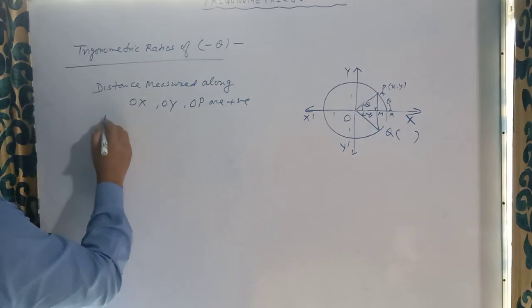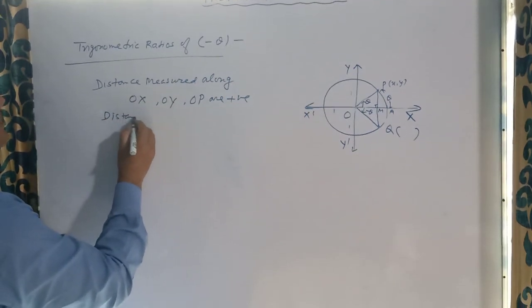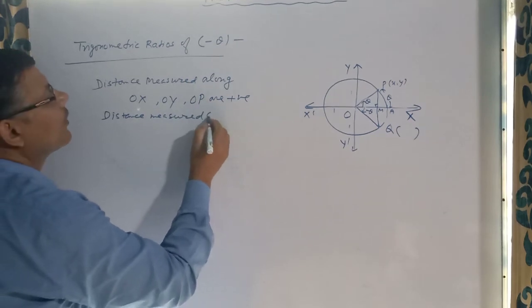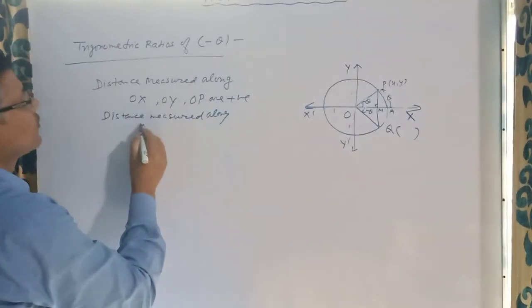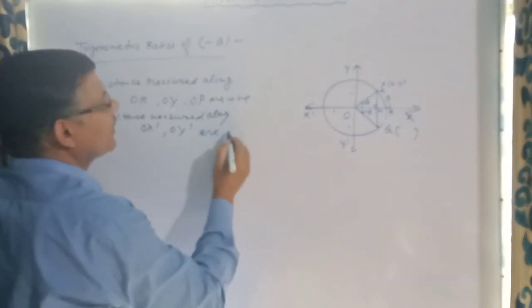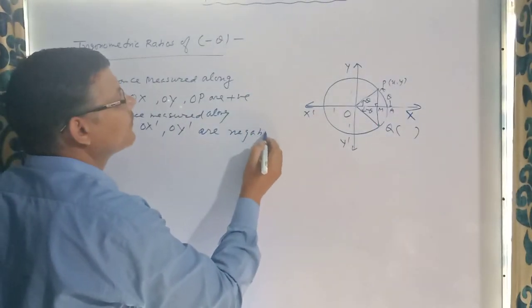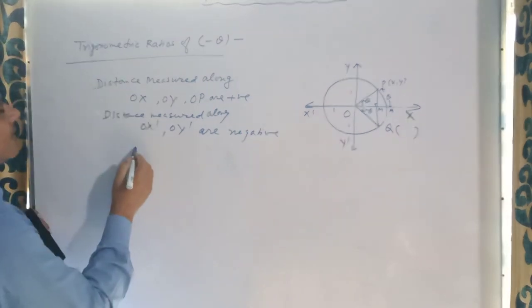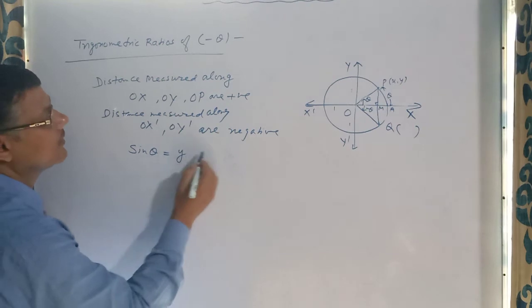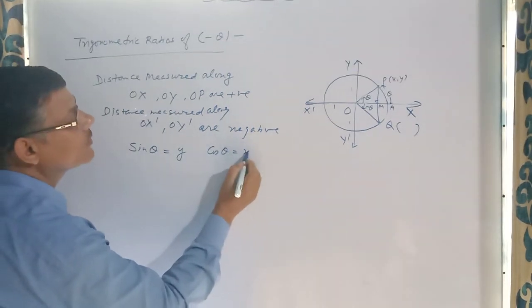And distances measured along OX dash and OY dash are negative. So from here we get sine theta equal to y, cos theta equal to x.